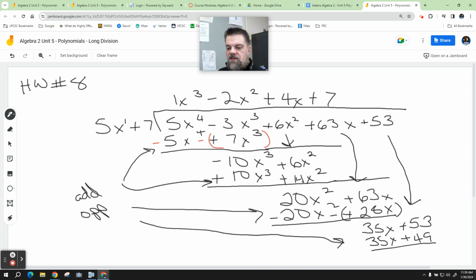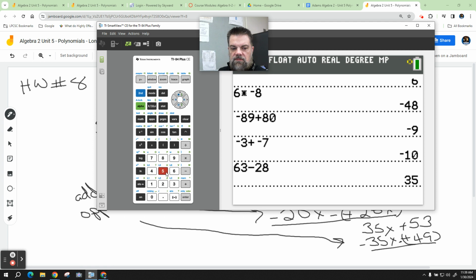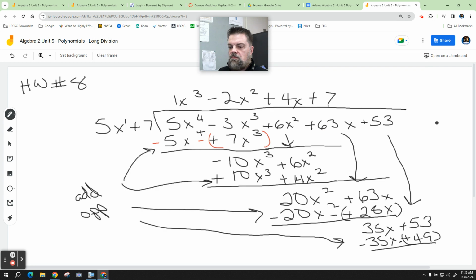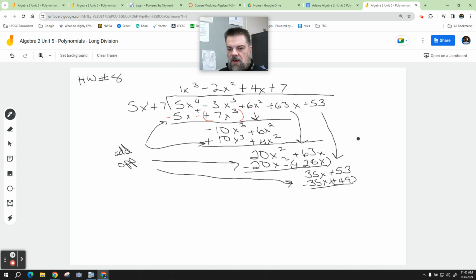What do I do next? Add the opposite. So this becomes negative. This becomes negative. 53 minus 49 is 4. So I'm going to zoom out a little bit here. So my remainder is 4. So what's my answer?